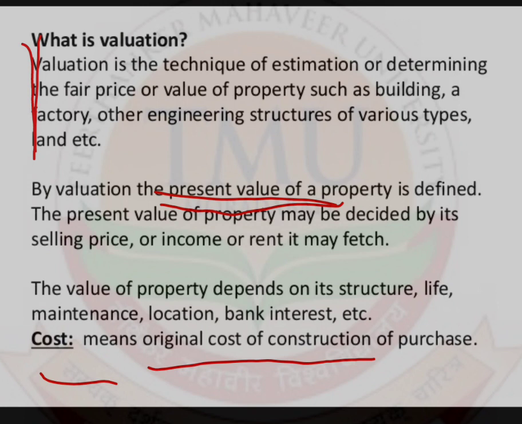You must remember, the saleable value may be more or less than the cost of the structure. For example, if any property is costing 50,000 rupees, then its value may be more than 50,000 or its value may be less than 50,000, because the value of a property depends on many factors.